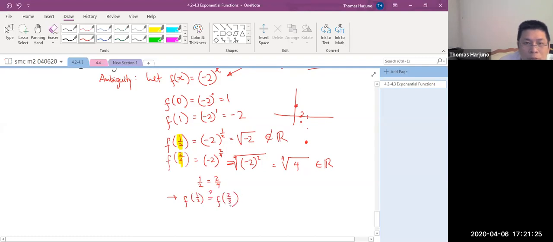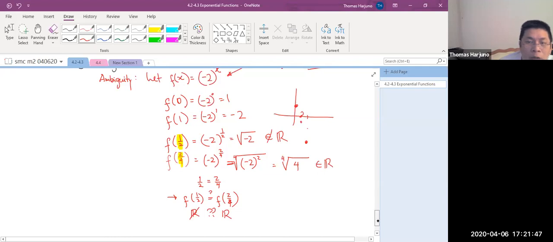They're supposed to be the same, but it turns out that this is not a real number, yet this one is a real number. It's inconsistent. Do you see that?